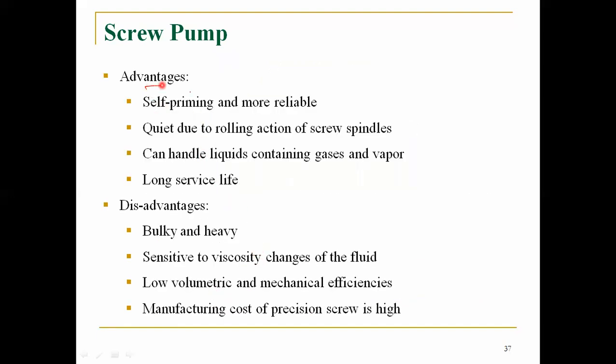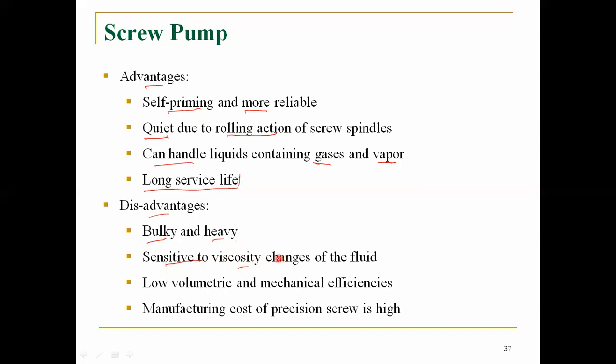What are the advantages of the screw pump? It is self-priming, more reliable, very quiet due to rolling action, can handle liquids containing gases and vapors, and has a long service life. The disadvantages are that it is bulky and heavy, and sensitive to viscosity changes.